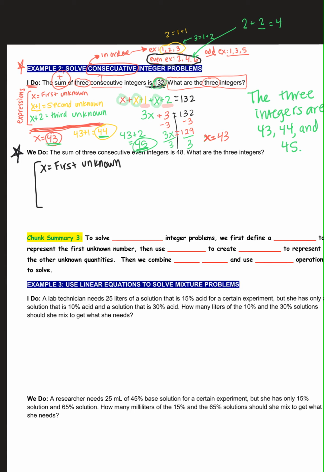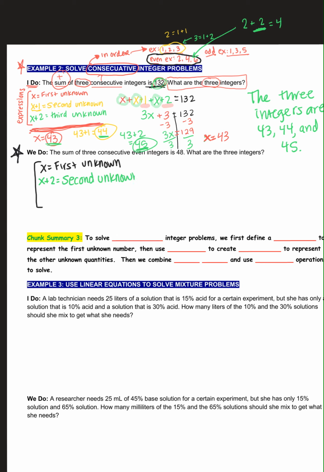That's 2. So my first number I'm going to replace with x, and I'm going to put plus 2 for the second unknown. So my second unknown is x plus 2.